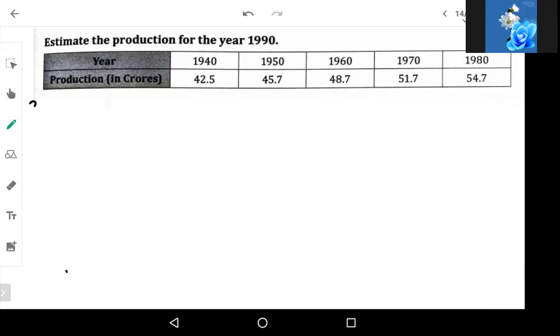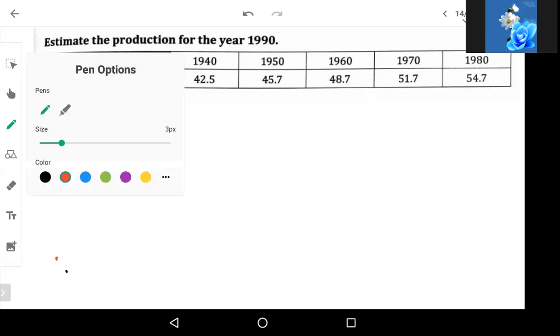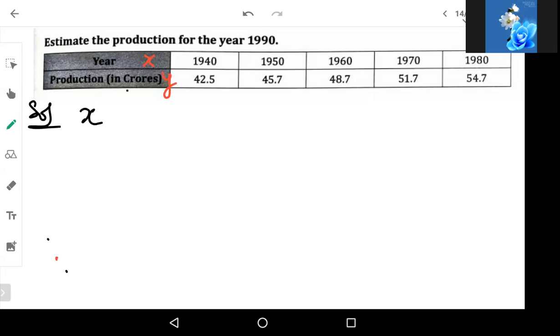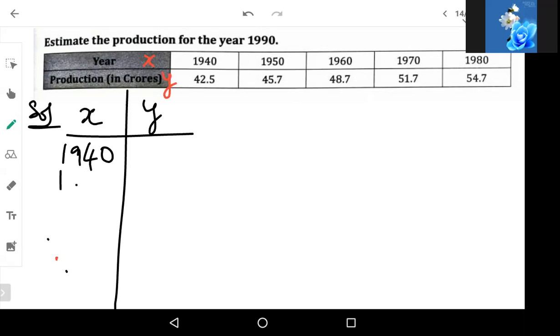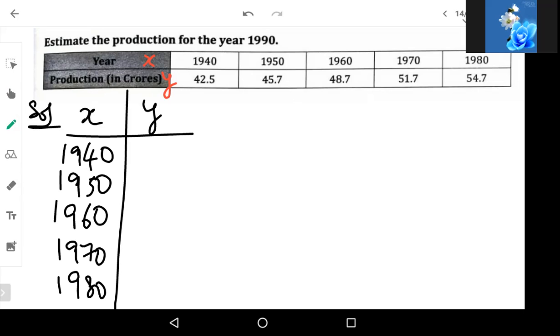Now here, solution. The first step is defining x and y, where one of them will be x and the other will be y. So the x data is taken here and y data is also considered. So 1940, 1950, 1960, 1970, 1980. Take whatever data is given.